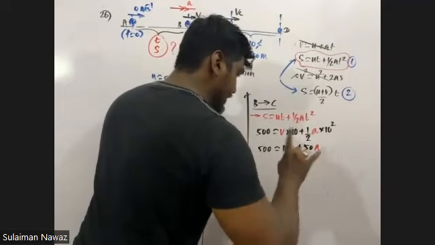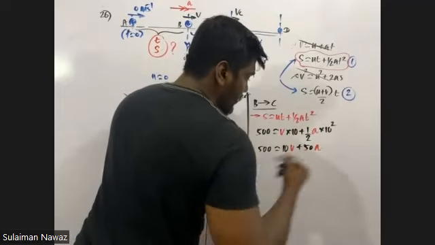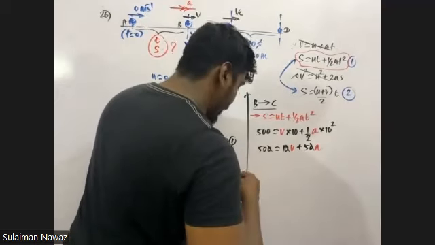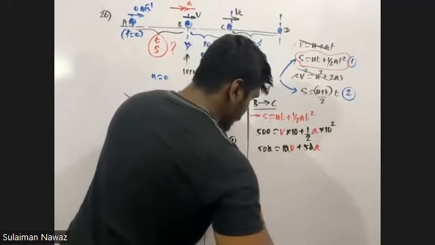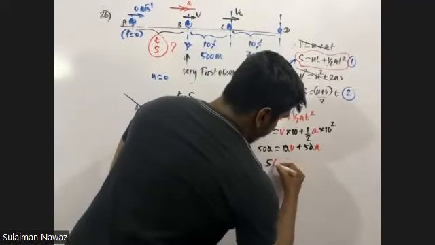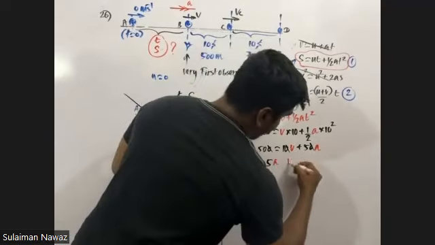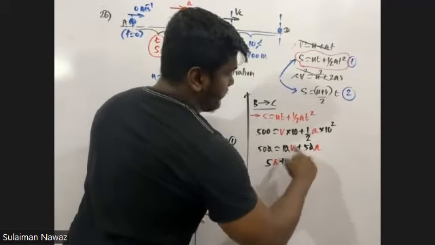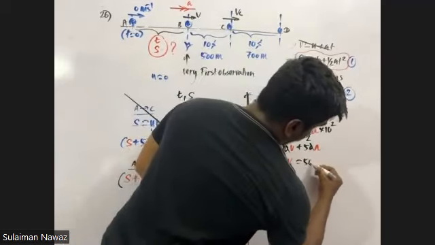Don't miss any single second; every second is important. The zeros cancel out. Then I will obtain one equation: 5A plus capital V equals 50. Equation 1.